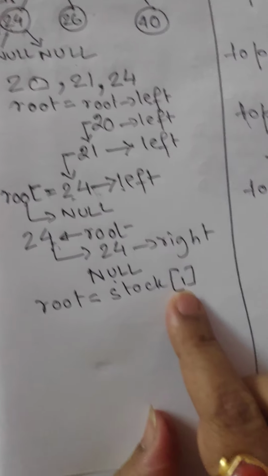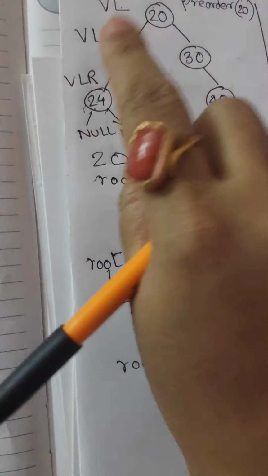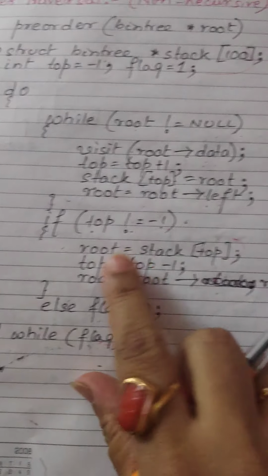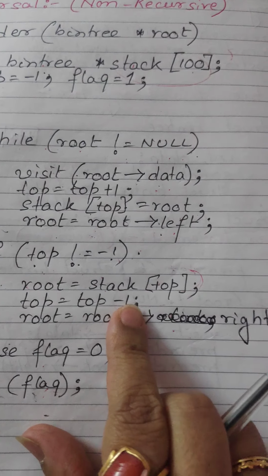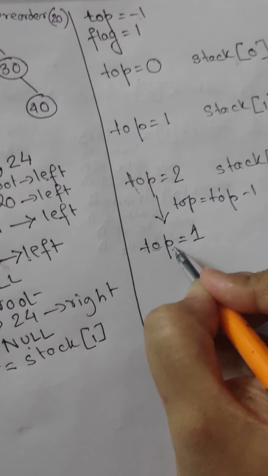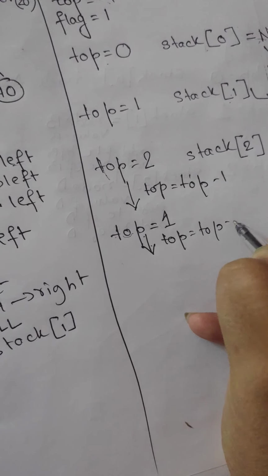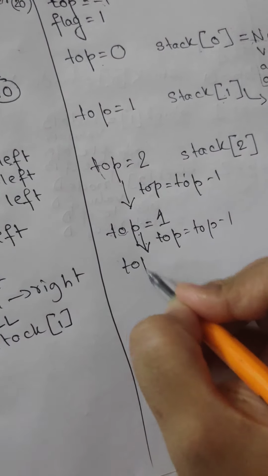So root is equals to stack 1. So now you are over here, you are at 21. Now top is equals to top minus 1. So from here again you say top is equals to top minus 1. So top becomes 0. Correct?